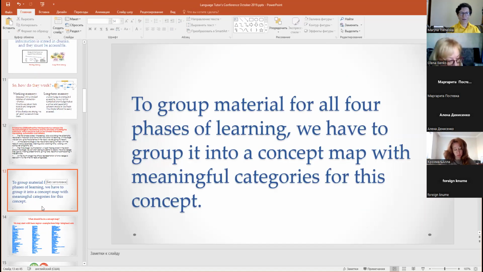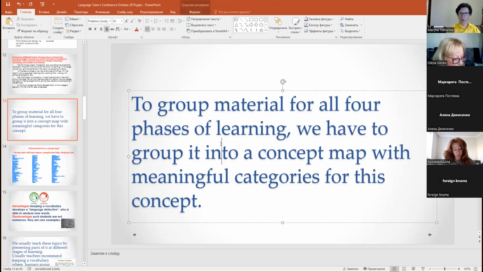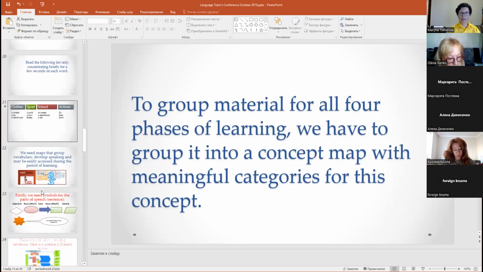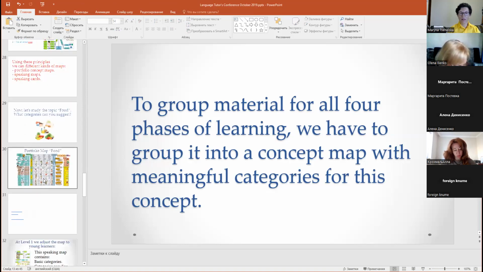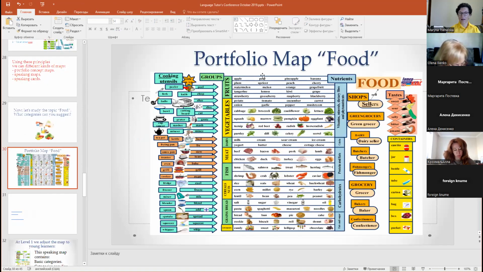So first of all, we group all the material, and this material is grouped into maps, like the one I'm showing you now. The map contains categories, and these categories, as you see in the map food, will have different types of food, which are fruits, vegetables, dairy products, meat, fish, and so on.